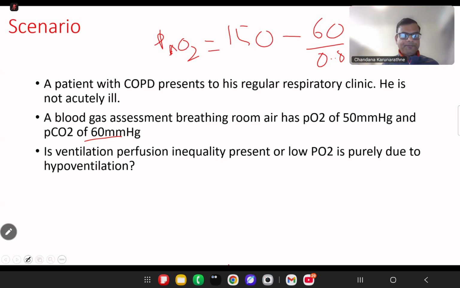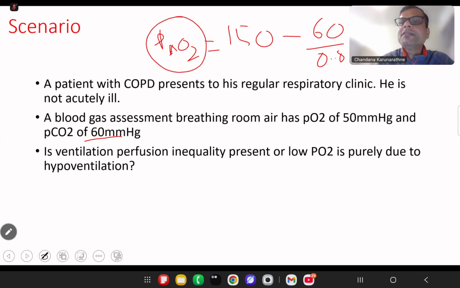So 60 divided by 0.8 becomes 75. So 150 minus 75 is 75. Your alveolar oxygen should be 75 in this patient.